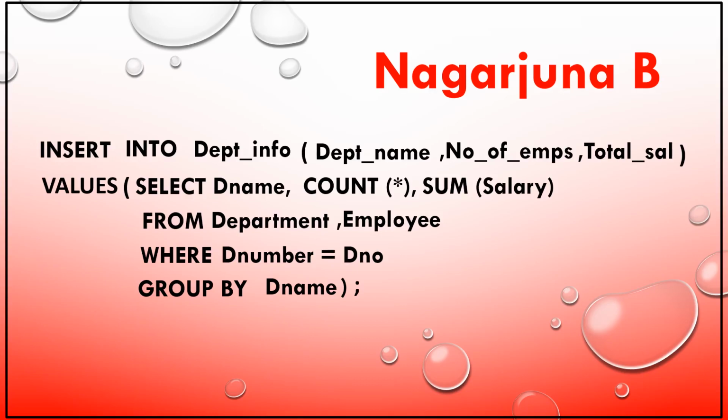If you create a temporary table like this, it will hold a resultant, but that table will not be updated every time. For that purpose we use views. What is a view? We'll learn in the next videos. Then next we shall see the other DML statements.